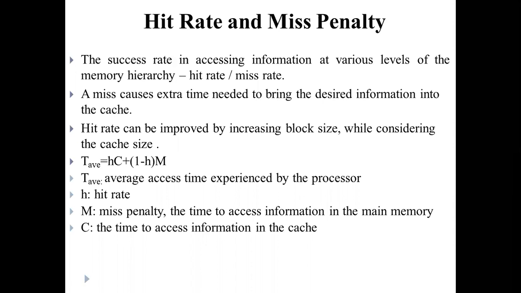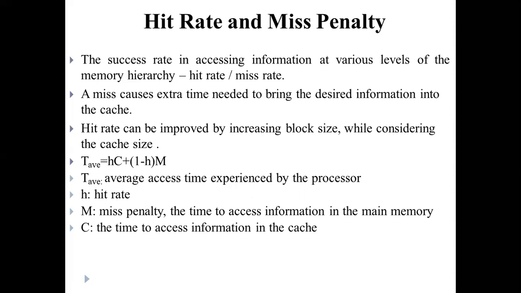A miss causes extra time to be needed to bring the desired information into the cache. The concept is very clear. If the data is not found, it will take the maximum time because it has to be copied from the secondary to the main memory. If a miss occurs, the program which was running will be interrupted and control will be transferred to the operating system.